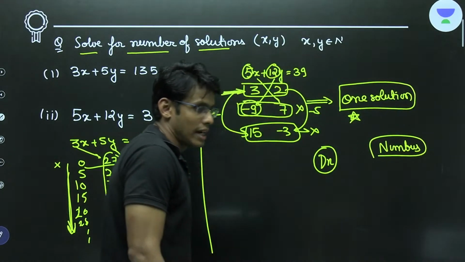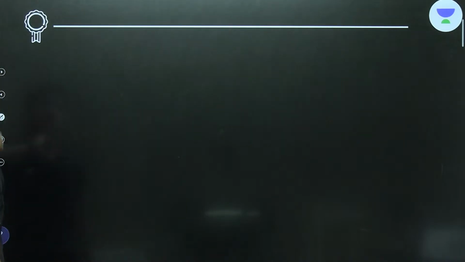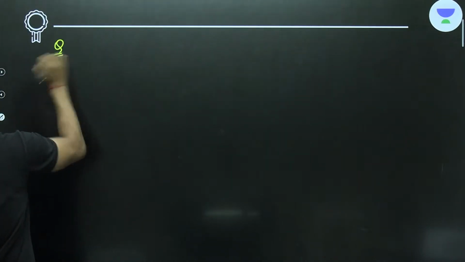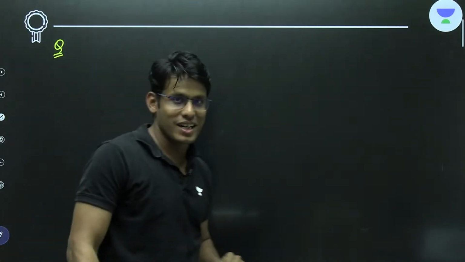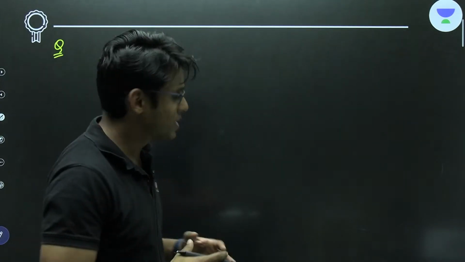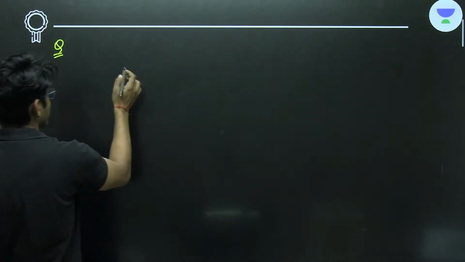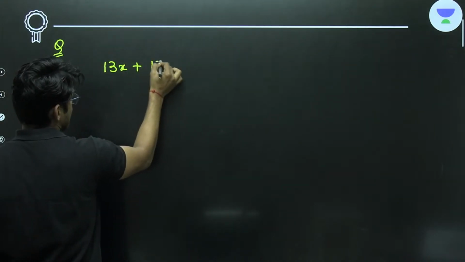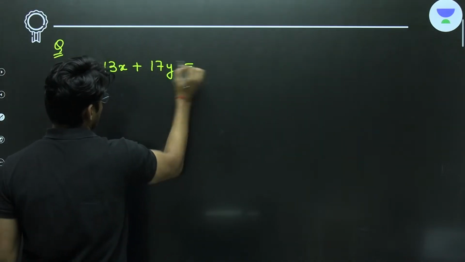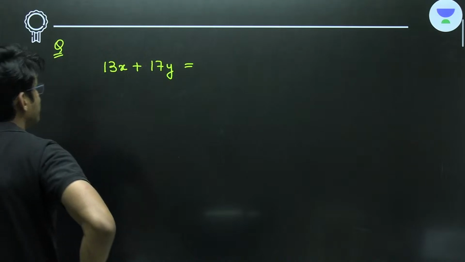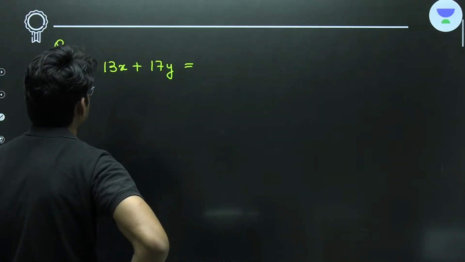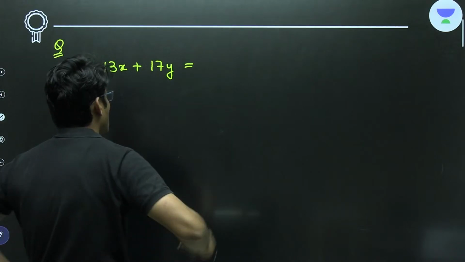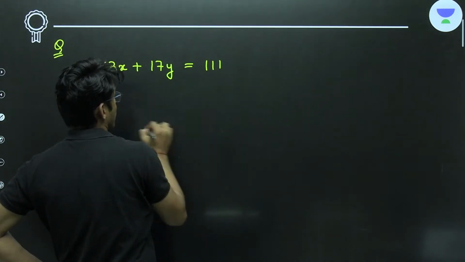Now let's complicate the coefficients. What is more complicated than prime numbers? Nothing is more complicated than prime numbers. Let's use some prime numbers. Let's use 13x plus 17y equals 111.